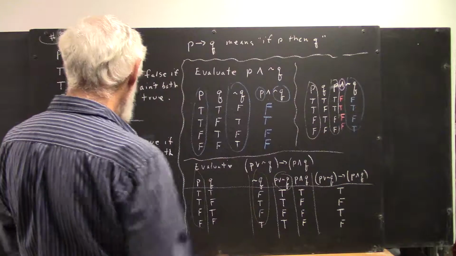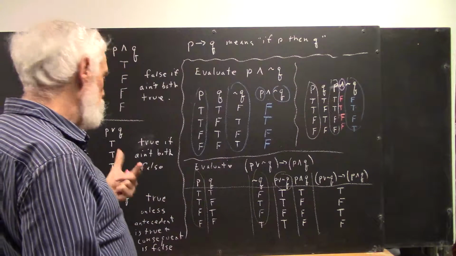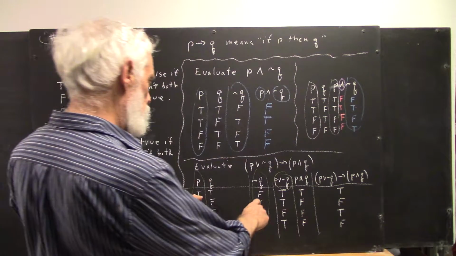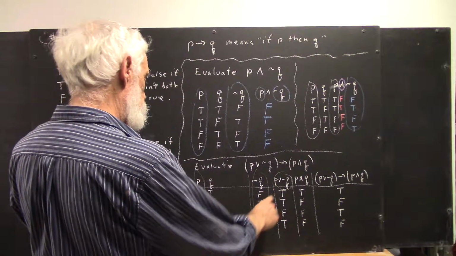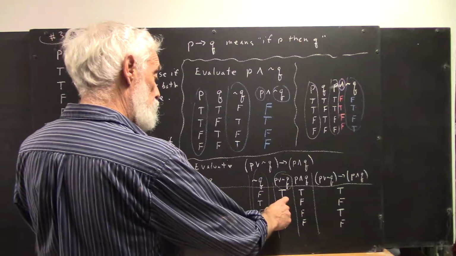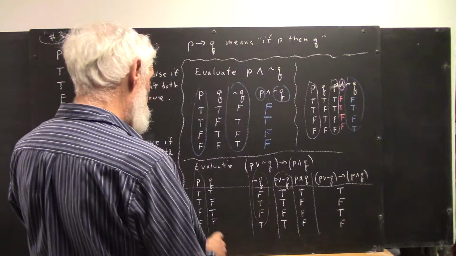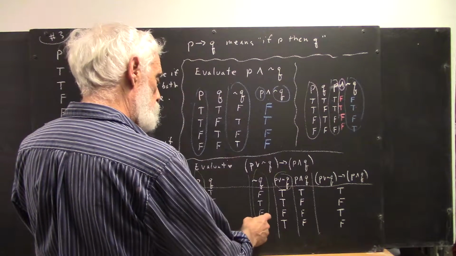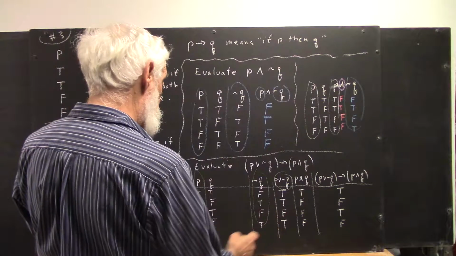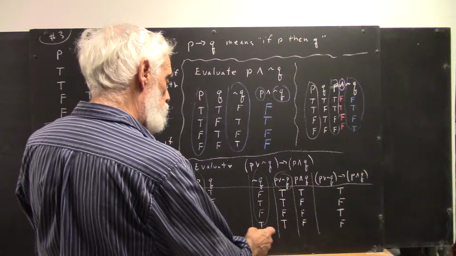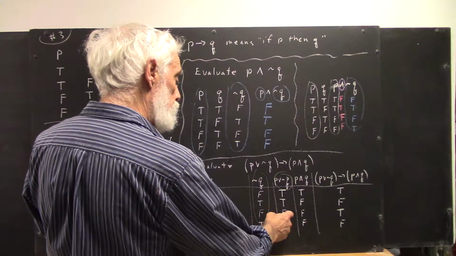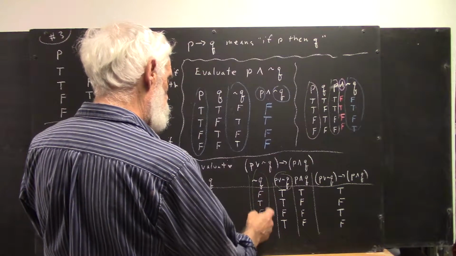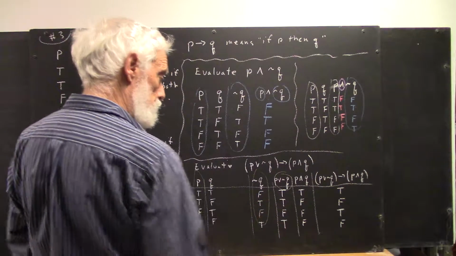And remember, or works, you have a true unless they're both false. So let's see, P's true here, that makes it true. And P's true here, so that makes this true. P's false, not Q's false. So actually we have two falses here. But here we have a false and a true. So the two falses give us a false, but everything else has at least one true, so we get true.